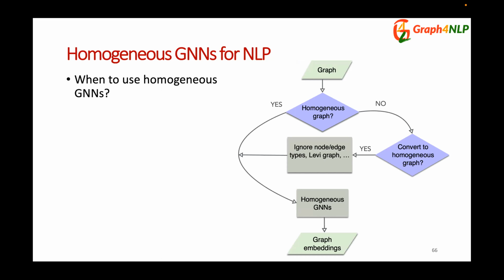Then we get a homogeneous graph, and we can also apply homogeneous GNNs to learn the node and graph representations. Many GNNs which we are familiar with, which were introduced by Li Fei previously, belong to homogeneous GNNs, including GCN, GAT, GraphSAGE, and GGNN.